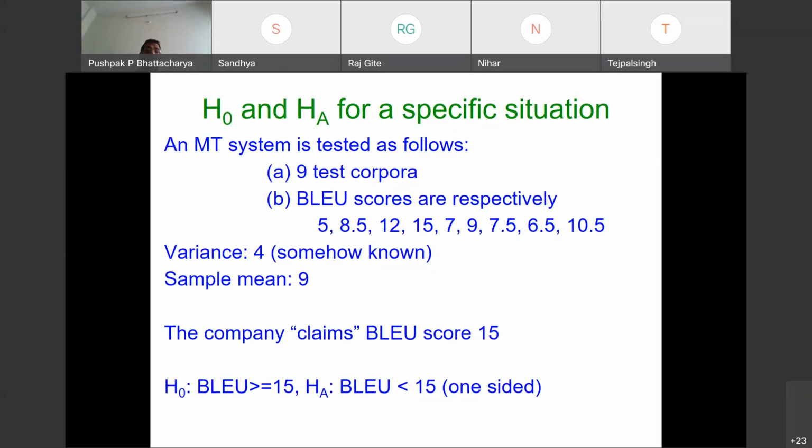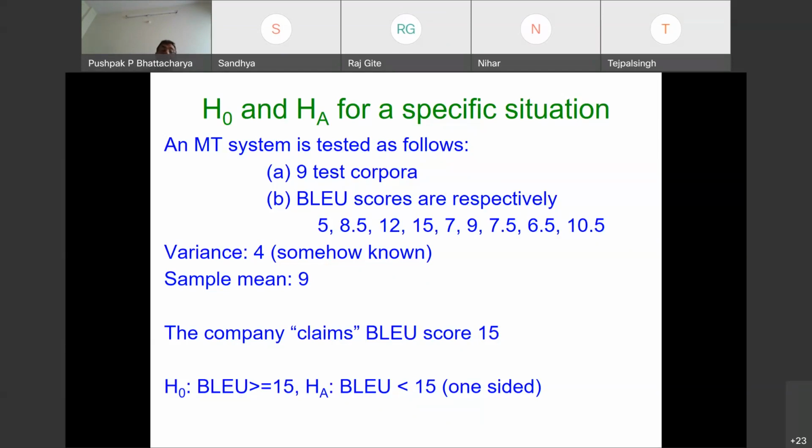But surely from these values, I am getting a feeling that if somebody claims the BLEU score of the machine translation model to be 15 or 20 or 30, I will not trust him. The numbers do not support that intuition. How to scientifically address this particular situation?